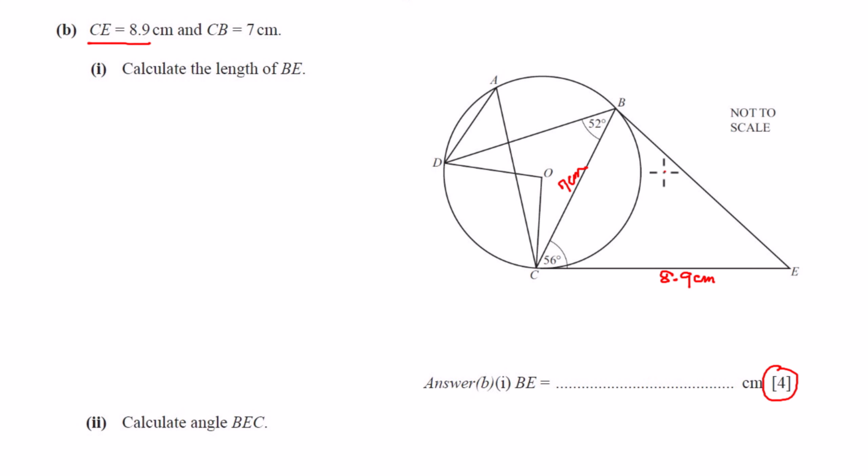They now said calculate BE. So let's call this place small letter c because this place is capital letter C. We are given this angle to be 56. To find BE, you should be able to see that this requires you to use the cosine rule. So how do you use the cosine rule?